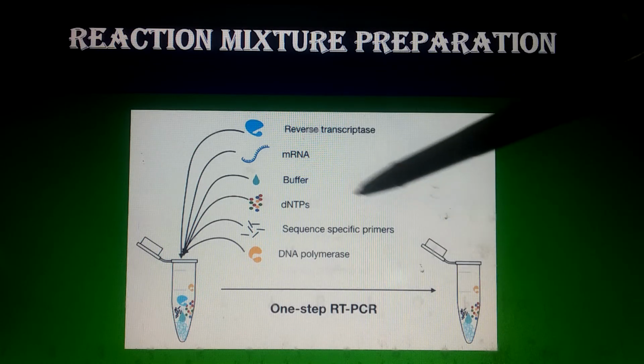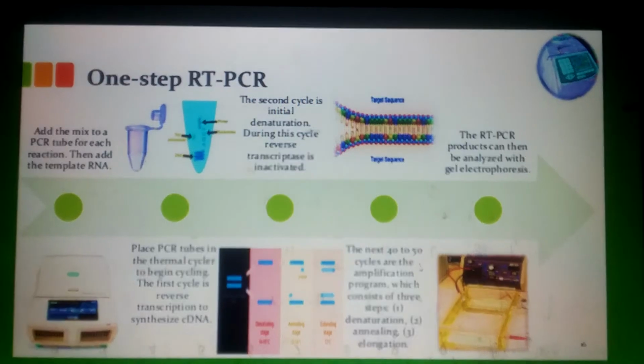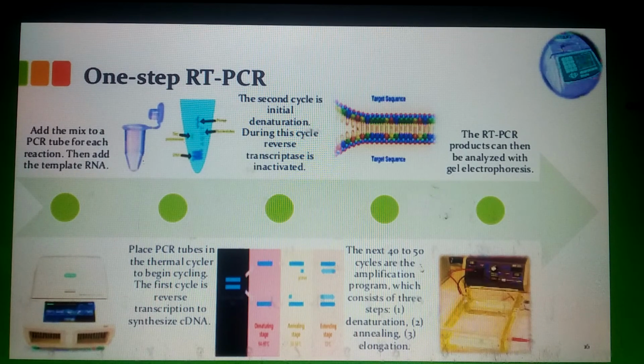And this involves the one-step RT-PCR. I'm not discussing the PCR mechanism here, I'm just showing you that the reaction mixture is then put into PCR tubes, and the PCR tubes are then placed into the thermocycler for the reverse transcription and the amplification of the cDNA. Is it clear? Okay.